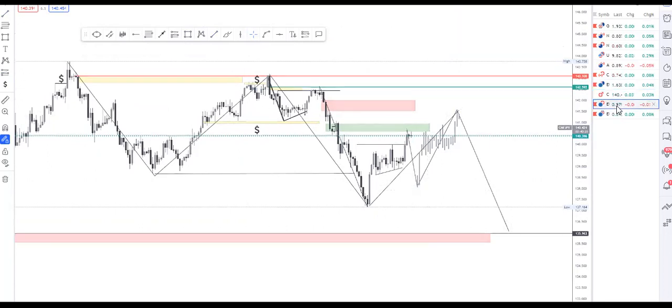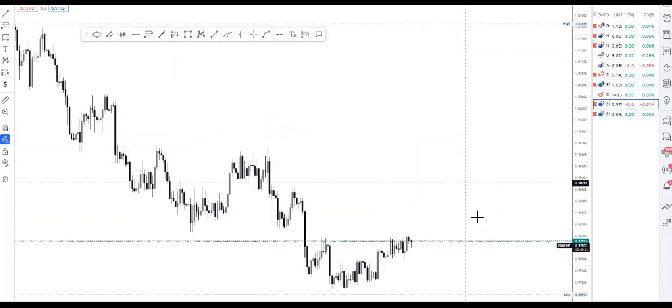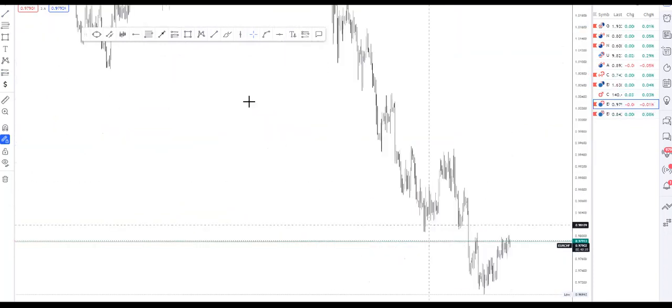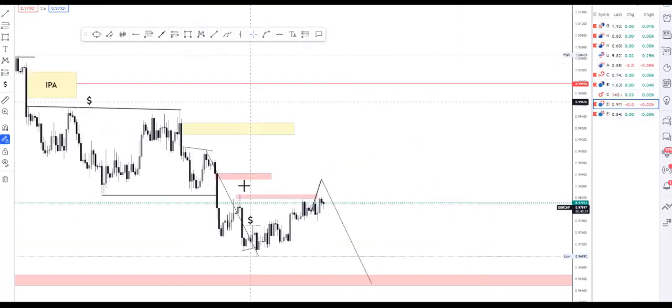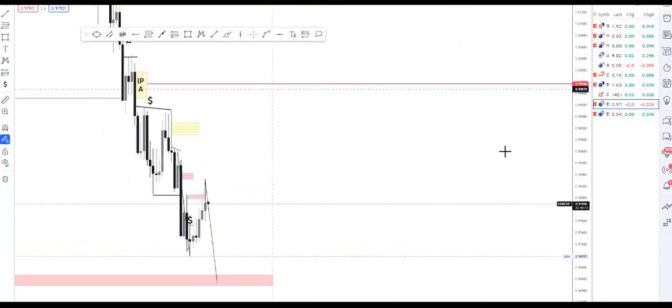Then the second to the last one, Euro CHF. Yeah, we're actually moving fast. For Euro CHF, I'm anticipating price to go up to fill in this imbalance right there, and a potential on the daily time frame. That is an order block.